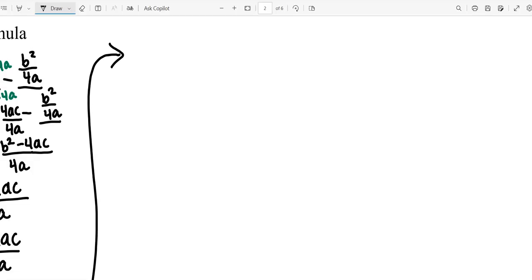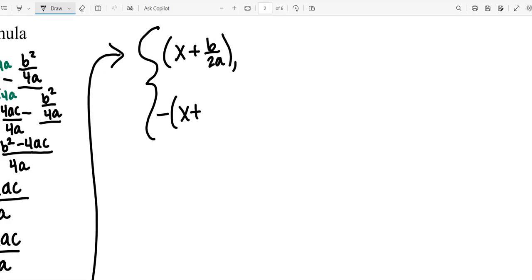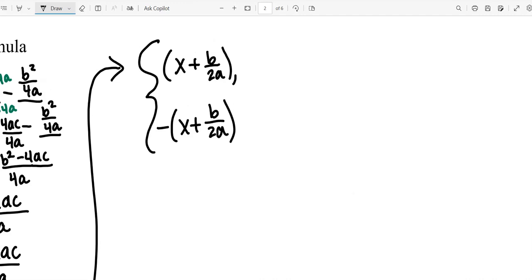All right. If we just had absolute value, we're ready for piecewise, yes? The first piecewise is going to be x plus b over 2a, is that correct? And then negative times x plus b over 2a. What does the plus b over 2a do to your graph? Moves you left b over 2a. So it's going to move you on the x-axis to negative b over 2a. So the first one will be x's are greater than or equal to negative b over 2a.